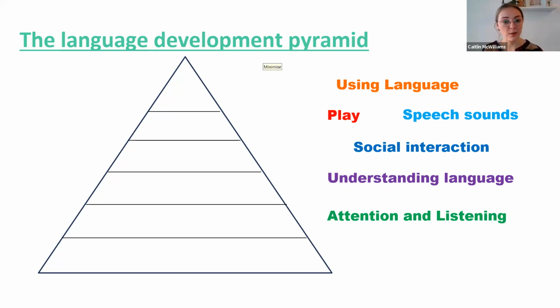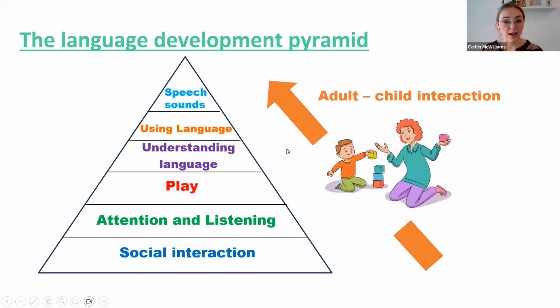So, okay, if you move us on to the next slide, we've got the pyramid as it should be. There we go. So here's our language development pyramid. And really, this just shows us that we need to be building on these skills in turn. So starting off by considering social interaction, and then building up all the way up to speech sounds.